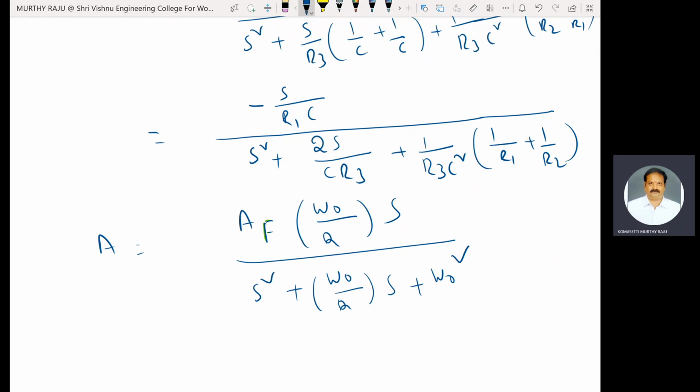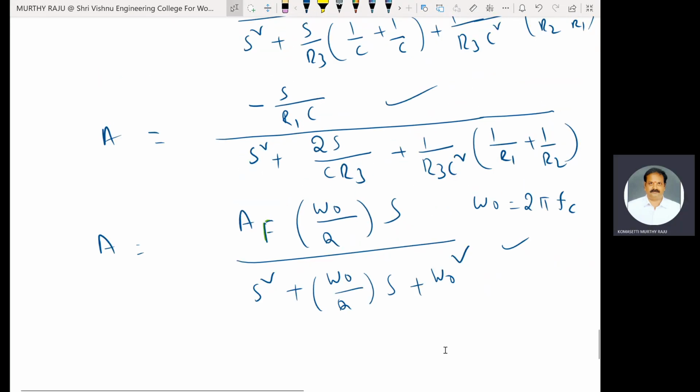Because this filter has tuned circuit characteristics, it has some central frequency, that is FC. Therefore, omega naught is equal to 2 pi FC, the central frequency. Selectivity depends on the quality factor of the filter. These are the two parameters which are related. AF is the gain of that narrow bandpass filter. Compare these two equations.